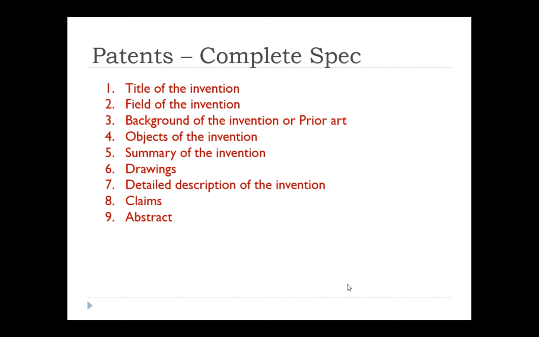Next one is background of the invention or prior art to the invention. You can use both or you can use any one. As I mentioned earlier, background of the invention means how you have arrived at this invention. You can state any related ideas, even your own identification.